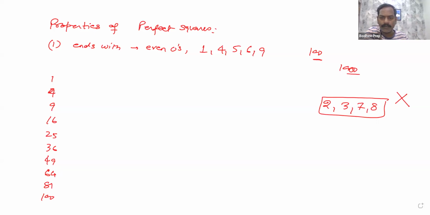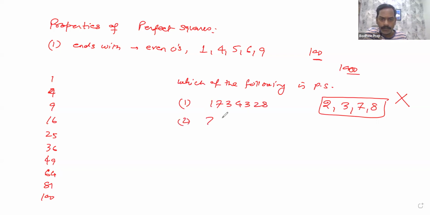Now, what kind of question can be asked? A very simple question can be asked. It can say which of the following is a perfect square. The very first option is 1734328. The next is 7314984.